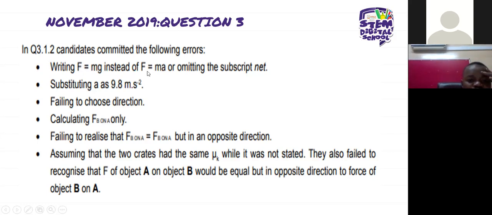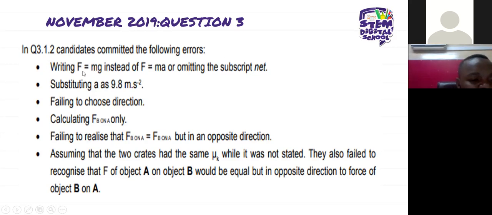This is incorrect. Why is it not correct? Because this formula is a formula that we use to calculate the force of gravity, and even for the force of gravity, it will have the subscript g there. So Fg is equal to mg.